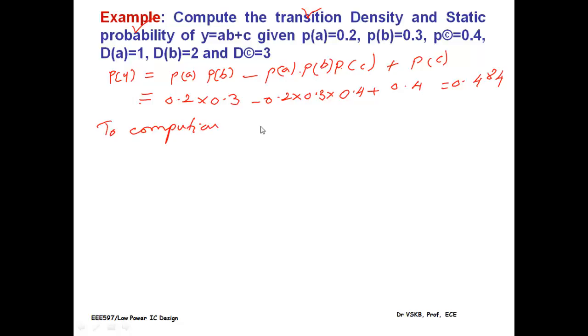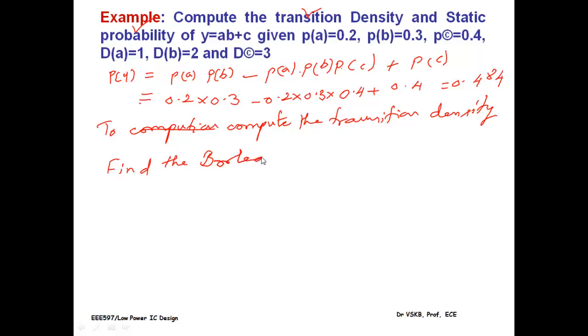Now I would want to compute the transition density. The probability we have calculated. To compute the transition density, I would want to calculate the Boolean difference functions.